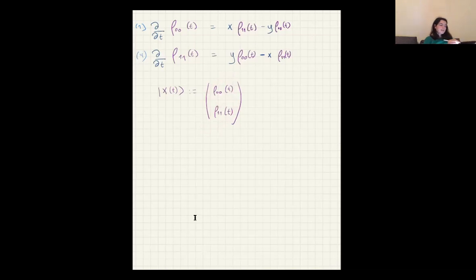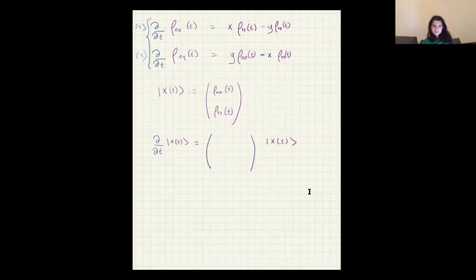Okay, and then this whole equation, so the system of equations, can be written as d/dt of x of t equals matrix times x of t again.